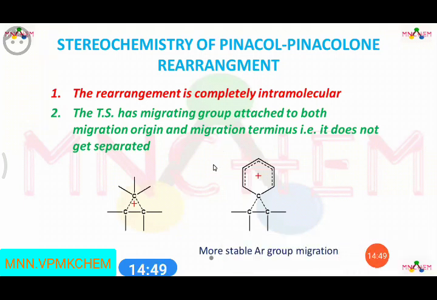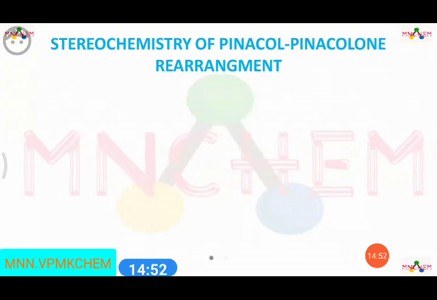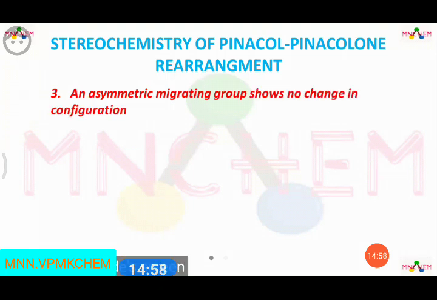Now to understand this better, we need to take an example where an asymmetric migrating group is attached, and it has been observed that it shows no change in configuration during product formation.